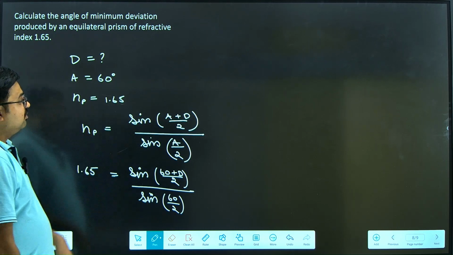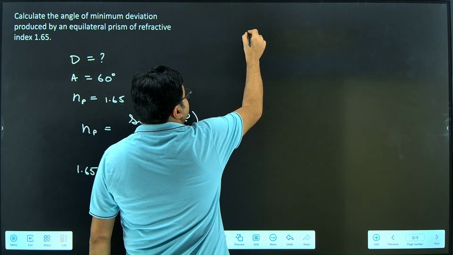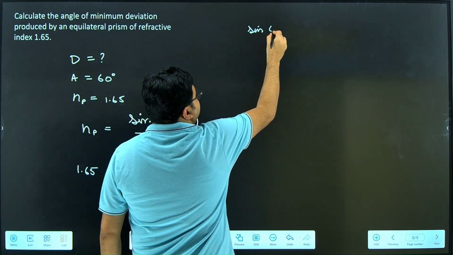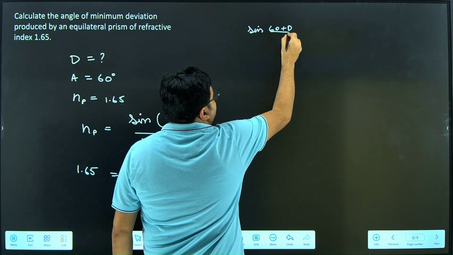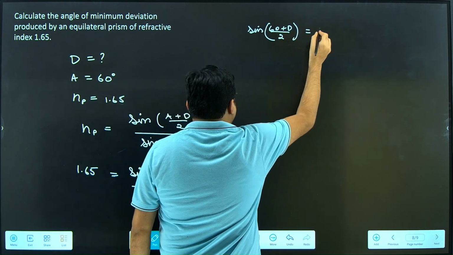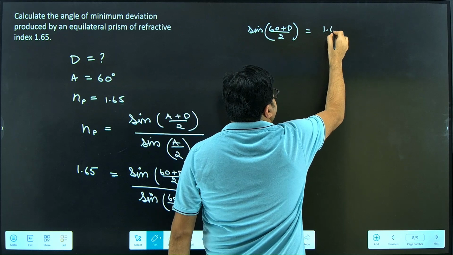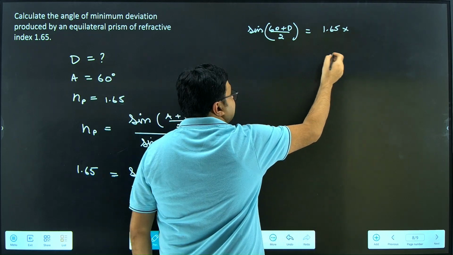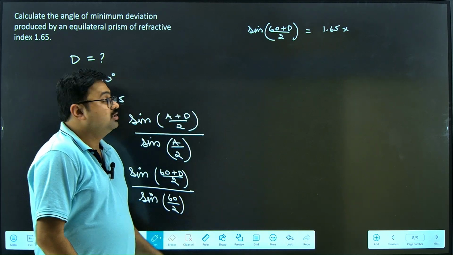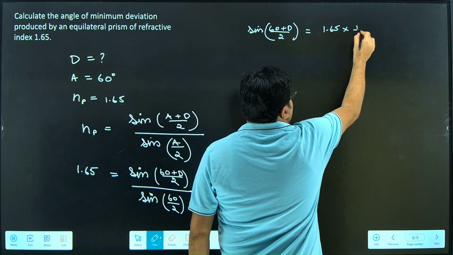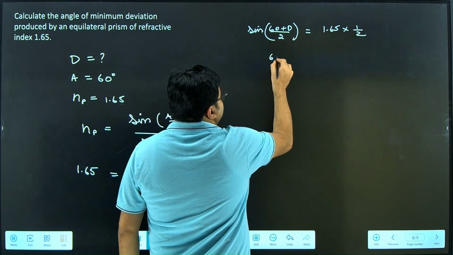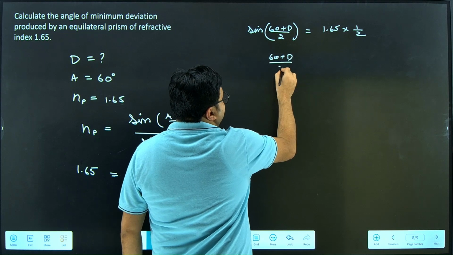Right? So let's find out what sine of (60 plus D) by 2 is. Sine of (60 plus D) divided by 2 is equal to 1.65 multiplied by sine 30, because sine of 60 by 2 is sine 30, which is 1 by 2, right? So what does (60 plus D) divided by 2 become equal to?